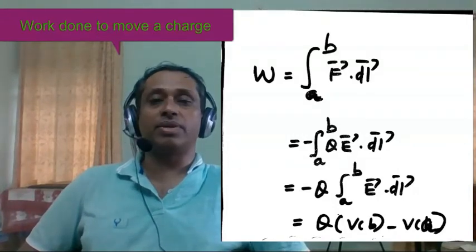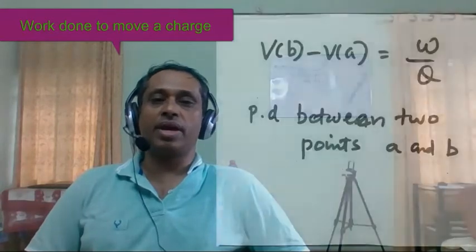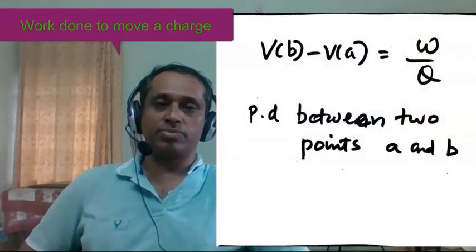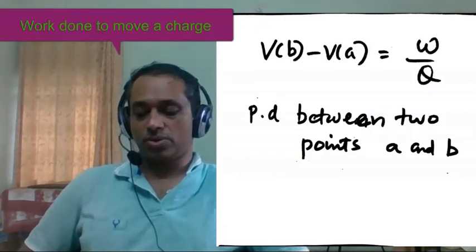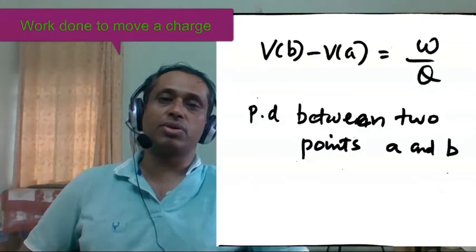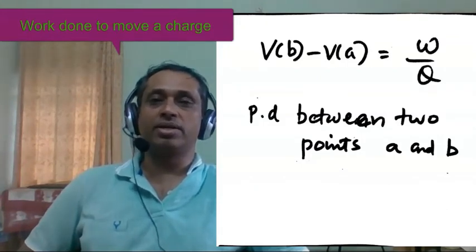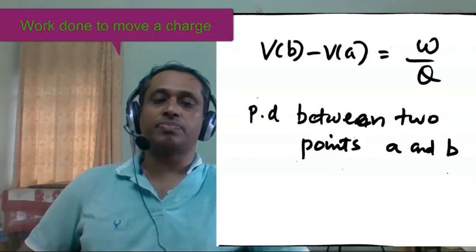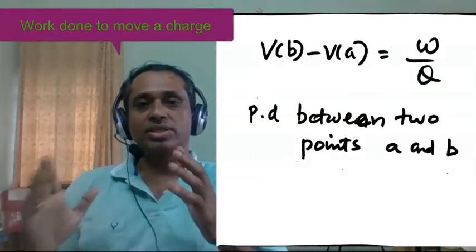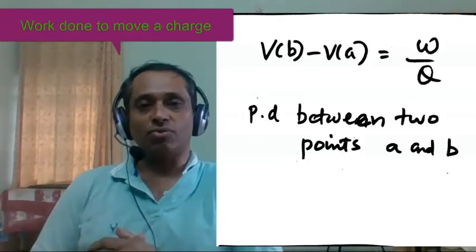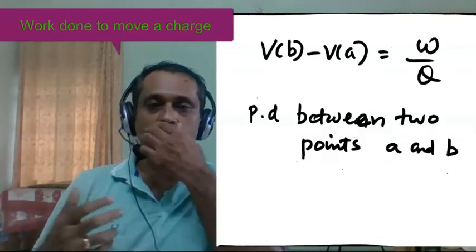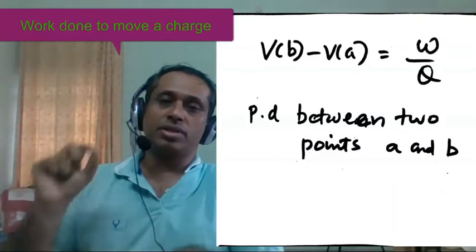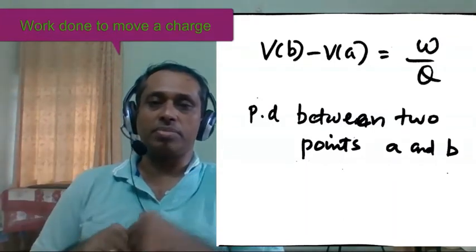Also we can write V of B minus V of A as equal to W by Q, because the work done W is equal to Q times V of B minus V of A. So we can define the potential difference between 2 points as the work done per unit charge in moving that charge from point A to the point B.